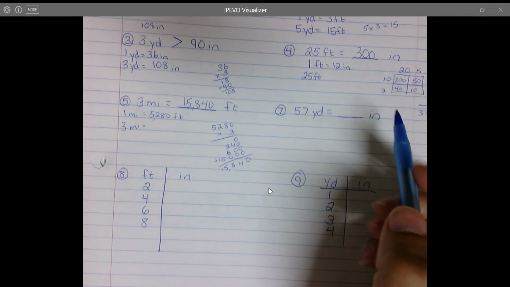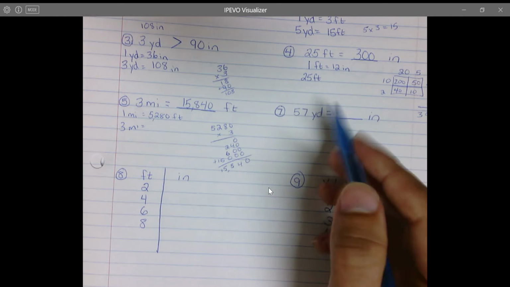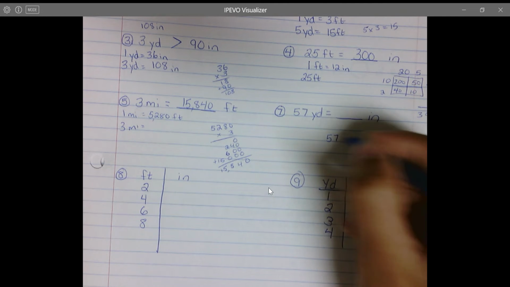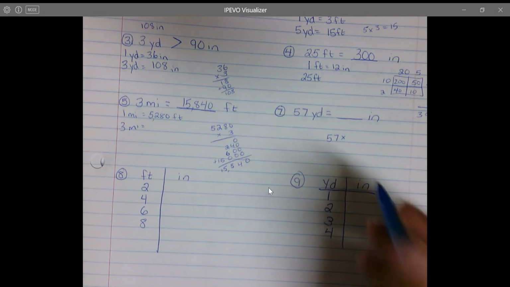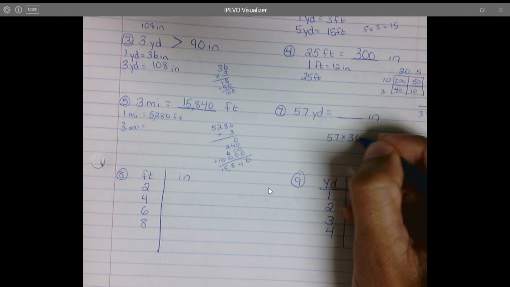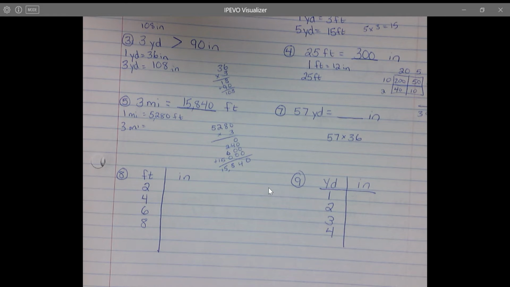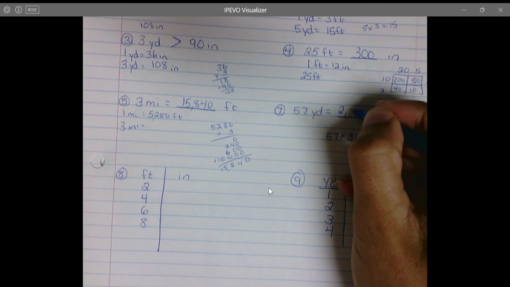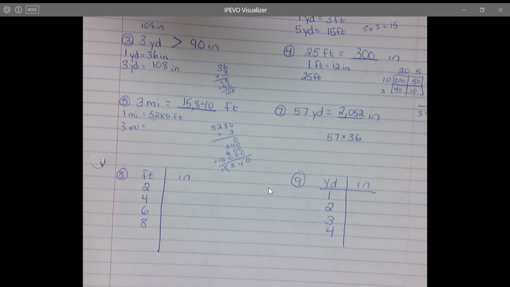57 yards is how many inches? I would have to do 57 multiplied by 36 because there are 36 inches in a yard. Just doing this one real quick on a calculator to save some time, that would be 2,052 inches.